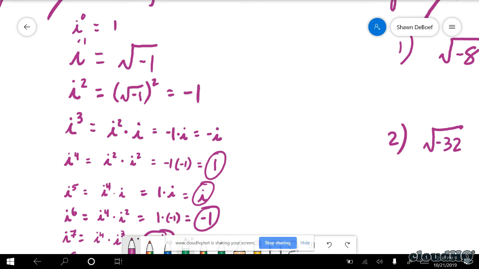So to summarize this, I to the 0 equals 1. I to the first power equals I. I to the second power is -1, sorry. I to the third power is -I, and then the cycle repeats from there.